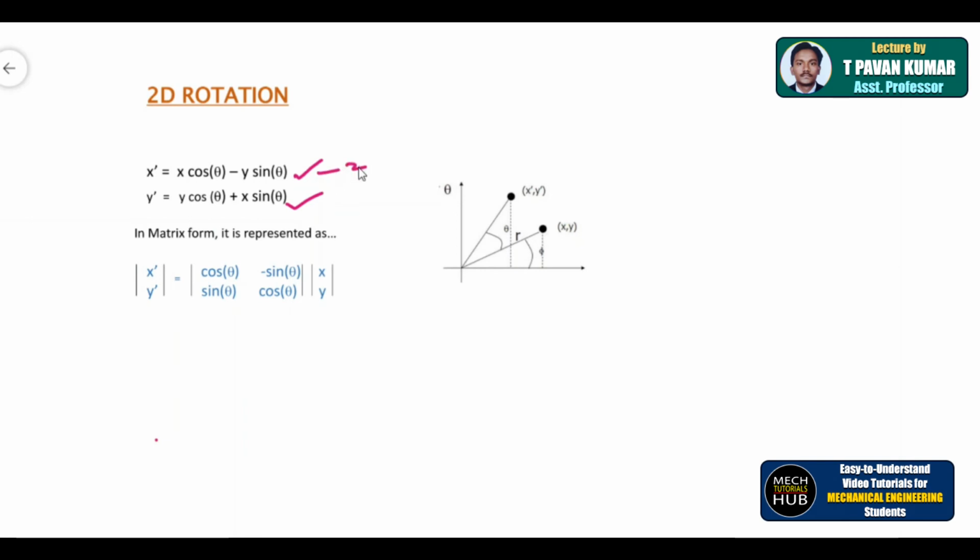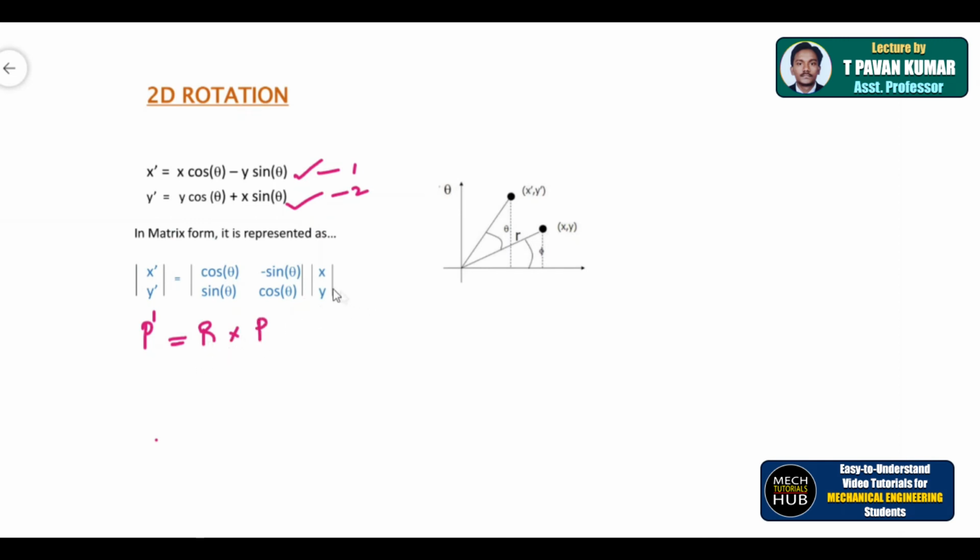If you consider this as number 1, this as number 2 equations, then in matrix form it is represented something like this: x prime y prime is equal to x cos theta minus sin theta cos theta. So x prime y prime, if I call it as p prime, then that is equal to the rotation matrix R multiplied by xy, nothing but p.